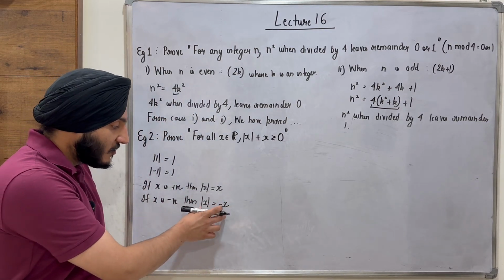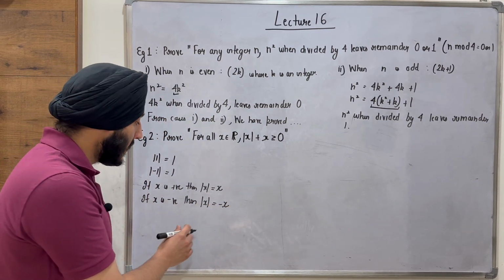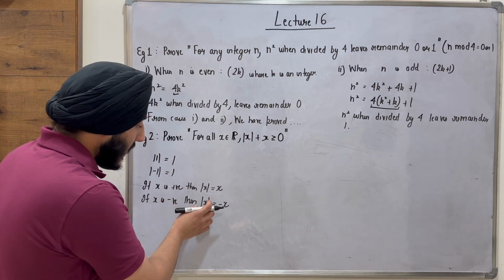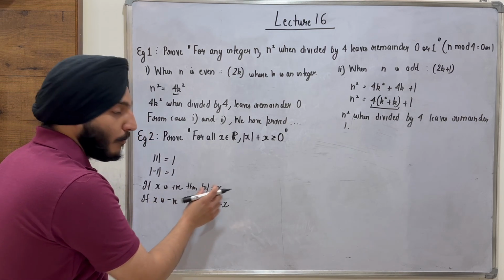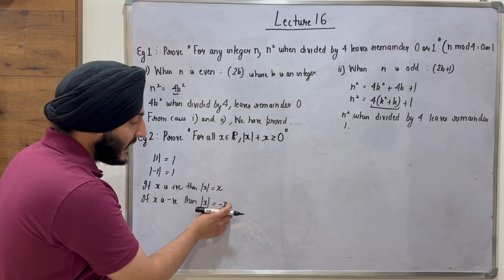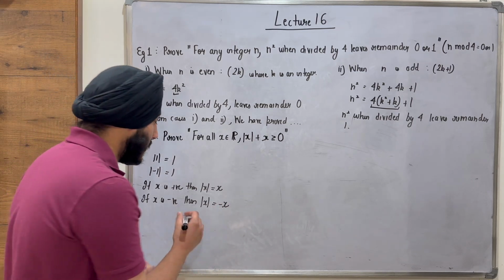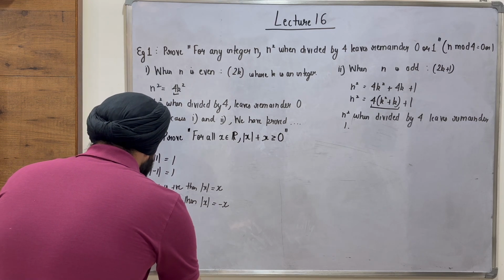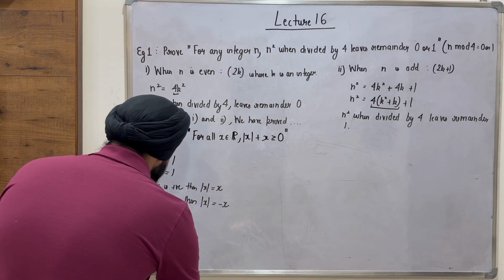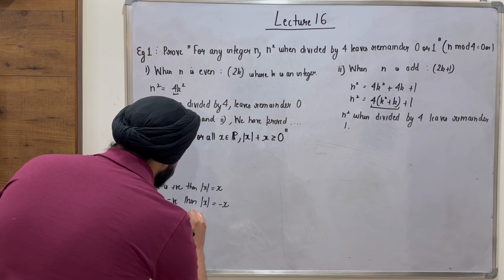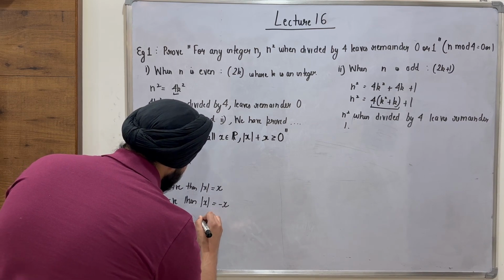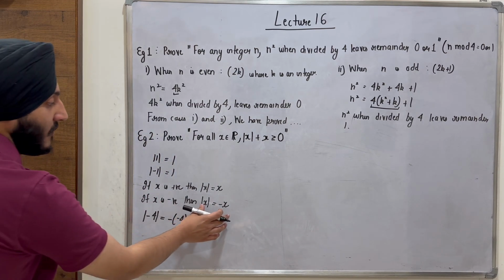Let's try to understand this point. What I'm saying is, the absolute value of x is going to be the positive of it, and if you apply a negative sign to a negative value, then that converts it into a positive value, right? So think about this. The absolute value of -4 is equal to negative of -4, which is equal to 4 in this case, and this is what we exactly mean.